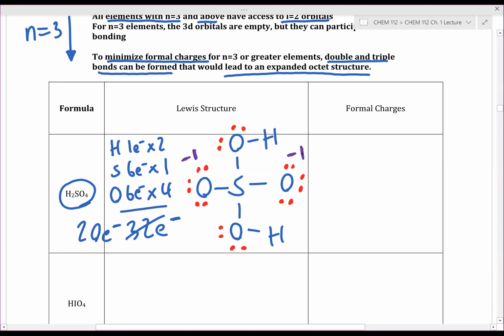And looking at sulfur, what would the formal charge be on sulfur in this case? Let's calculate it. Sulfur has a group number of 6, and how many bonds are attached to sulfur? 4. So then it has a formal charge of +2. Now, when we discussed our formal charge rules, do we prefer large or small formal charges? Small. So to get rid of this +2 formal charge, how many bonds do we need to make to sulfur?